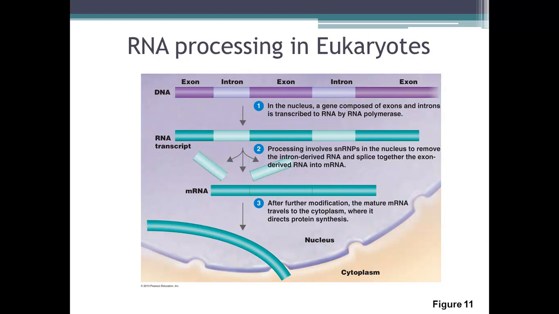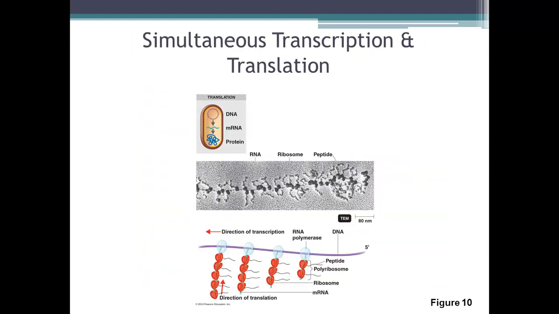And when they leave through the nuclear pores, now they can go to the ribosomes and become translated. Here shows the simultaneous transcription and translation of the ribosomes and the mRNA in prokaryotes. Because remember, everything's in one place. So as I'm making the mRNA, I can also go ahead and translate at the same time.